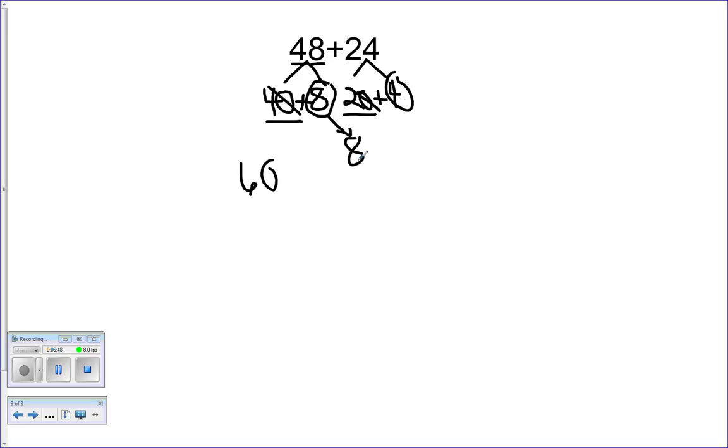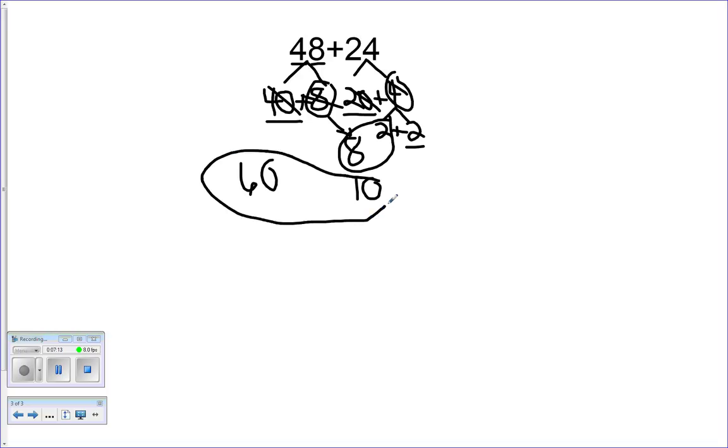Well, I know, because I'm really good with my tens, that if I take 2 from this 4, which leaves me 2 left, if I decompose it into 2 plus 2, and I give a 2 to the 8, that's going to give me a 10. And then all I have left is this 2. So I'm left with a 60, a 10, and a 2.